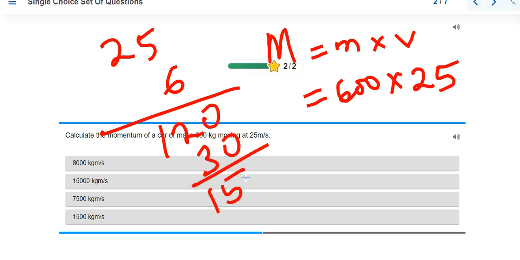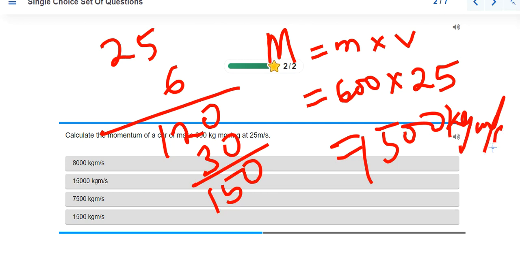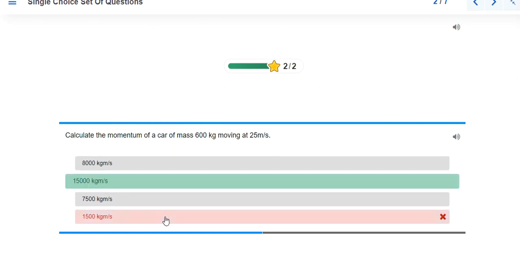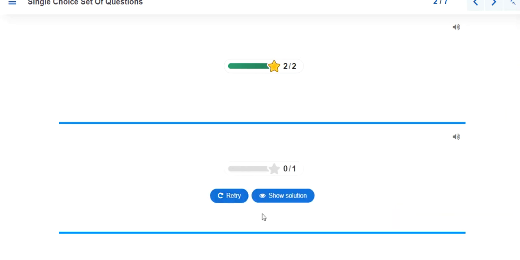That's 150. So this becomes 1,500 kilogram meter per second. Do you have it as part of the options? Yes, we do. Let's check. Oh, we can retry that.